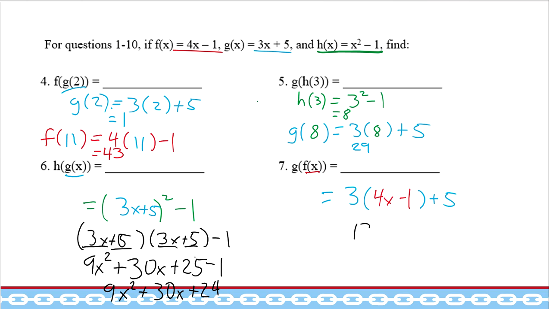So this will give me 12x minus 3 plus 5. Right, I have to distribute that 3 to both terms here. Final answer then of 12x plus 2.